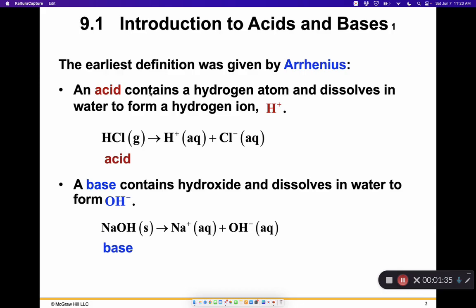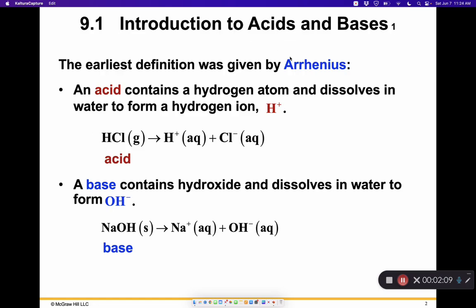So it is a compound that has hydrogen in the formula, and when it dissolves in water, it is capable of giving away the hydrogen ion. Hydrogen ion means H plus. For example, HCl gas when dissolved in water gives us H plus and Cl minus ions. We call HCl an acid.